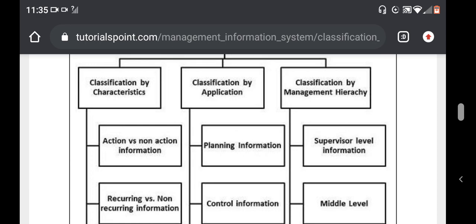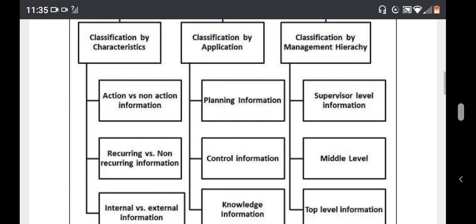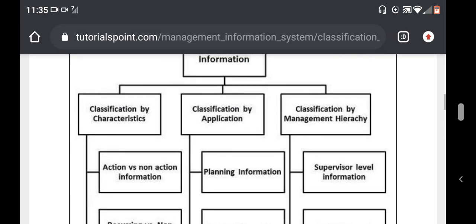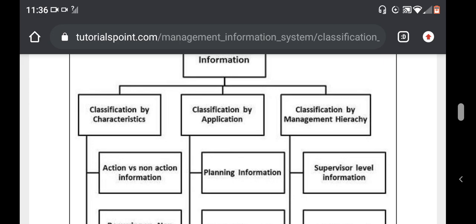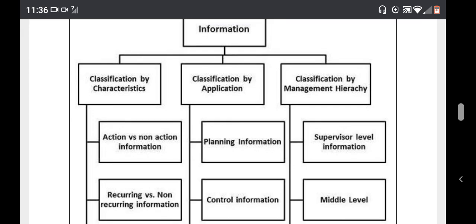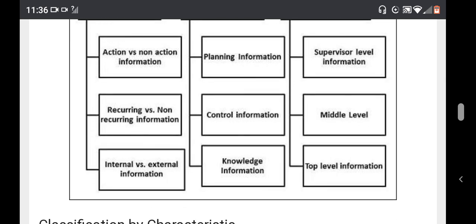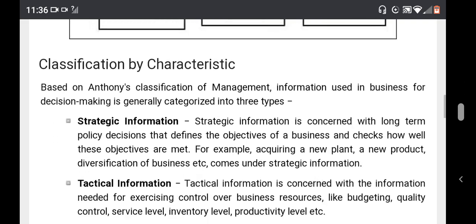Under classification by application, we have the following: planning information, control information, knowledge information. Classification by management hierarchy, here are the sub-levels. We have supervisor level information, middle level, and of course top level information.